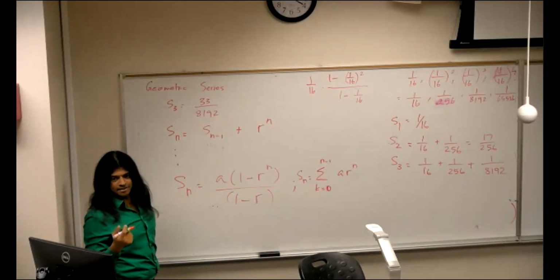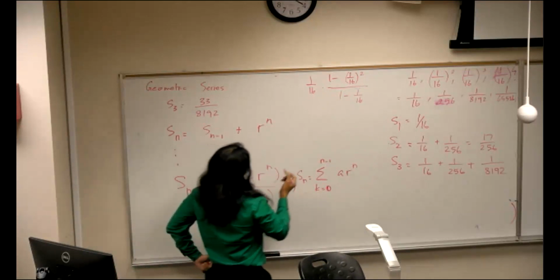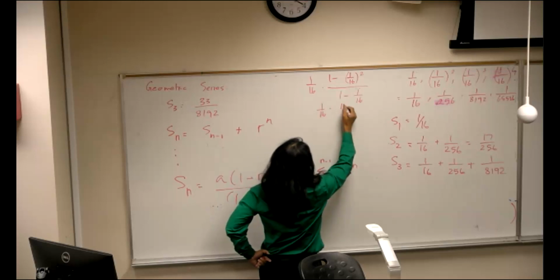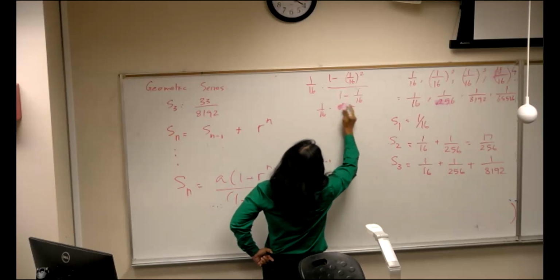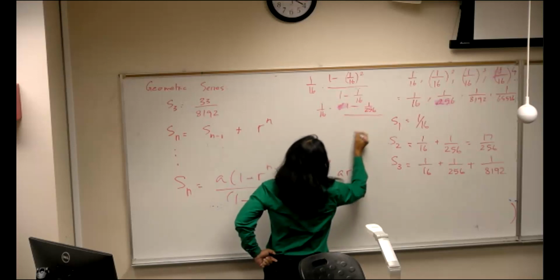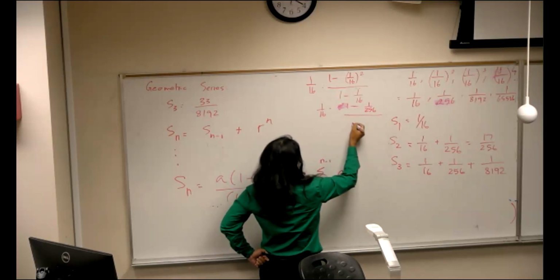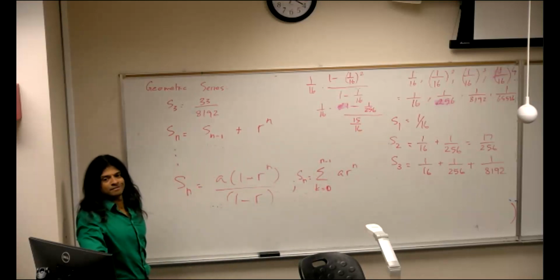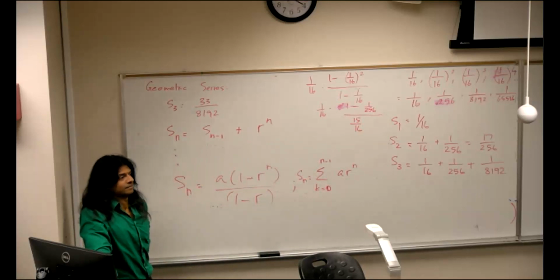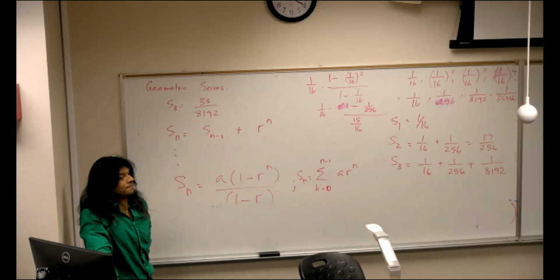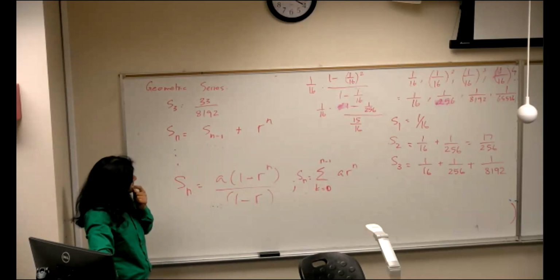I'm just plugging R in the formula. So 1 over 16 times 1 minus 1 over 256 divided by 15 over 16. Agree? Okay, what else can we do?